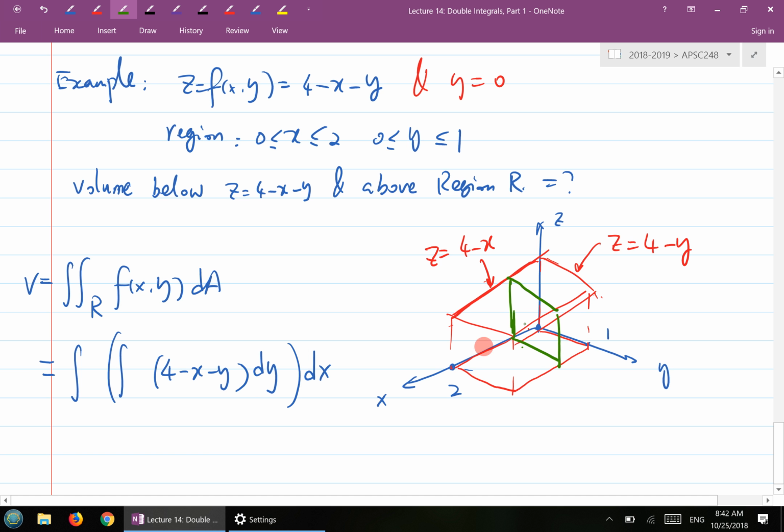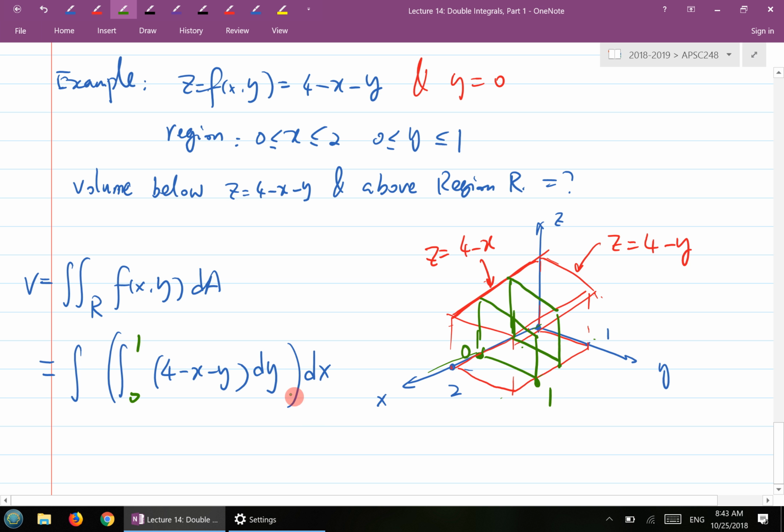For this particular region R, what's good is it really doesn't matter where you slice it. If you look at the bottom here, the y min and the y max are always the same. And y min is always 0 because it's inside here, and y max is always here, which is 1. So that gives you 0 to 1 for the y min and the y max.